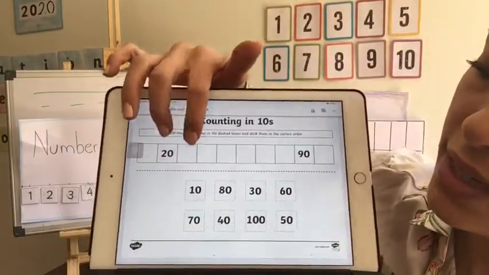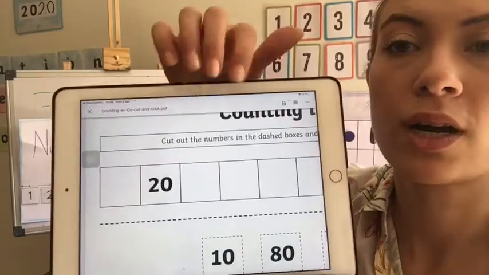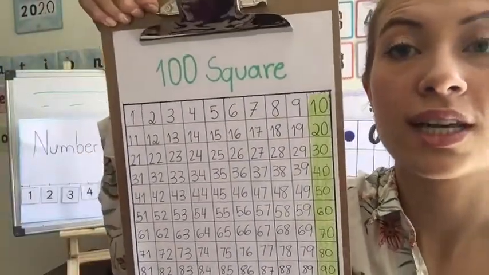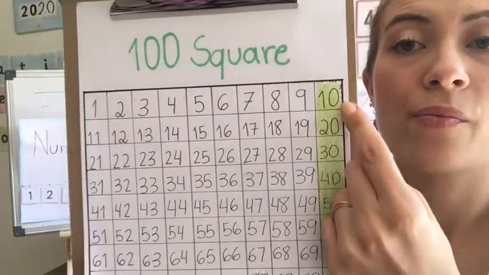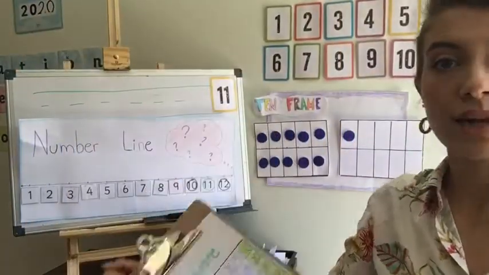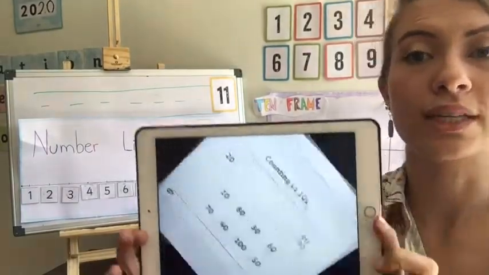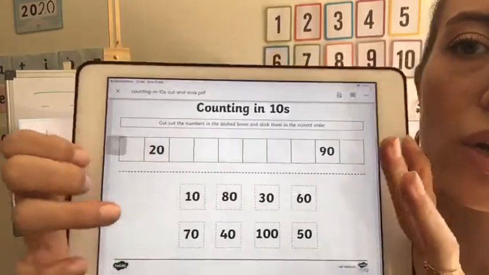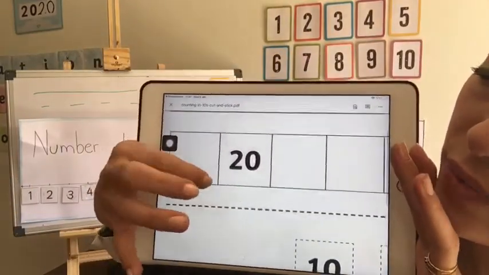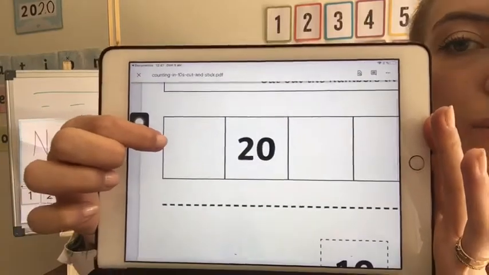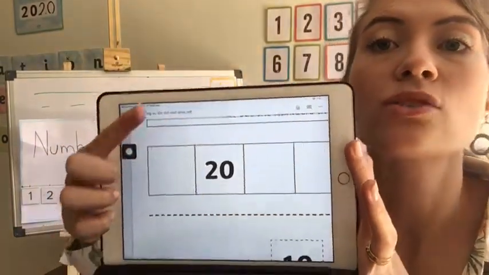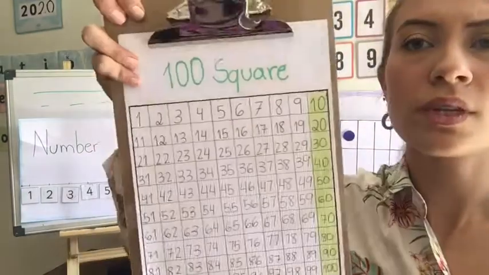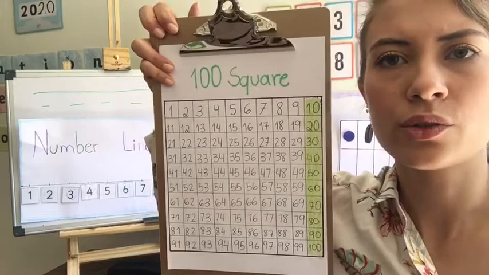For example, 20. 20 is not the first number. What is the first number if we look at the 100 chart? It's the number 10. 10, 20. That's the sequence. 10 and then 20. What you are going to do is to cut the number 10 and glue the number 10 over here before 20, because we know the sequence, it's 10 and then 20. If you have, for example, any doubts about it, just look at your 100 chart, 100 square.